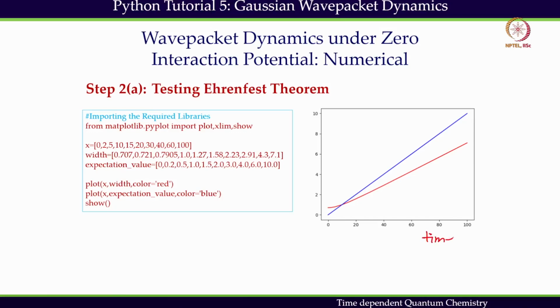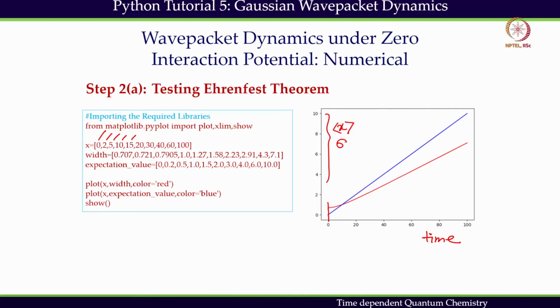This is your time axis, and at 0 time it is at the 0 position. This is your x, and this axis is representing the mean position as well as the width, and the width is the sigma.